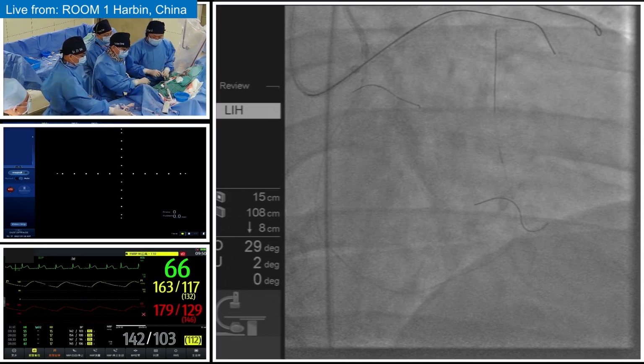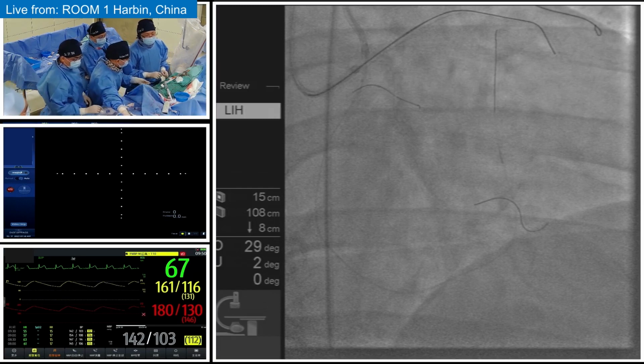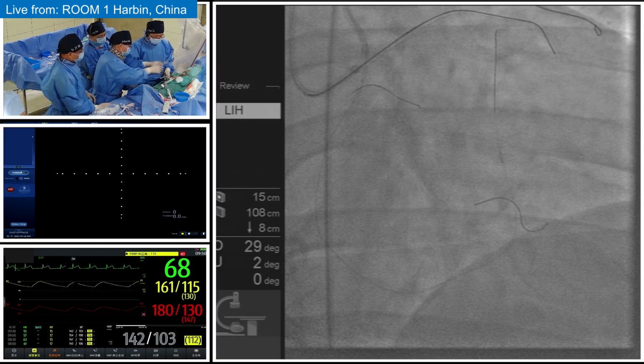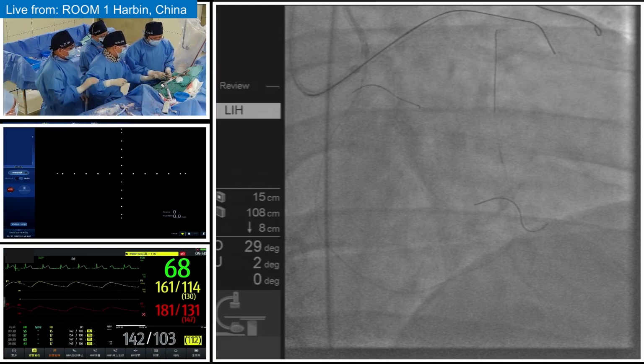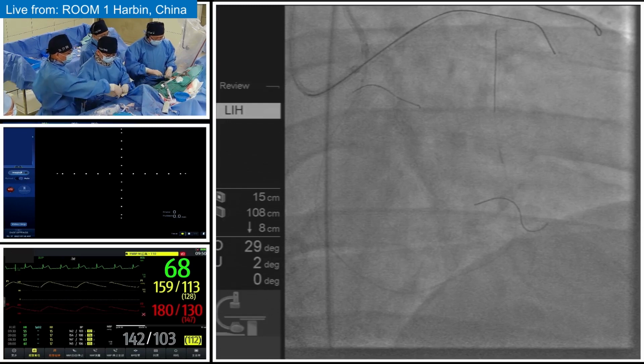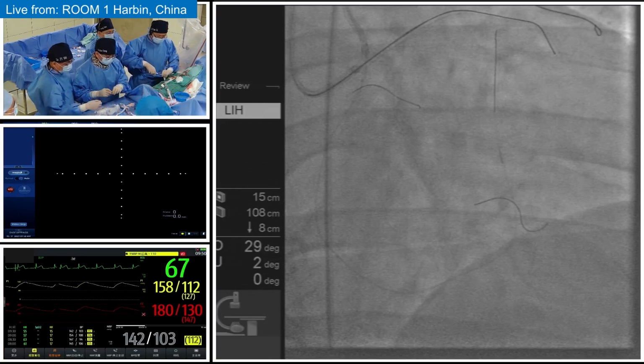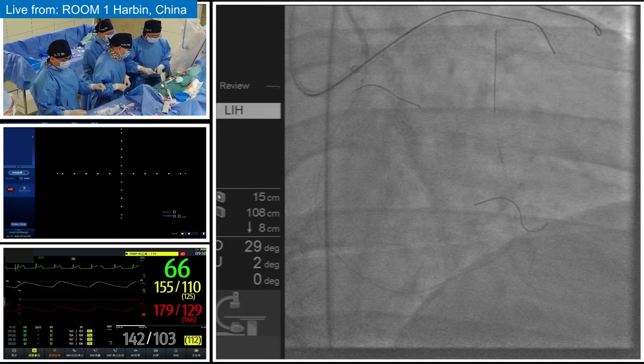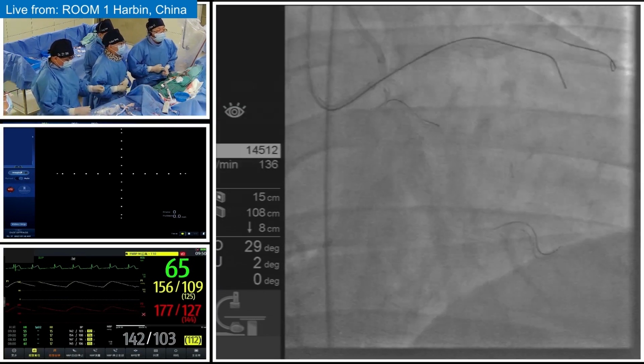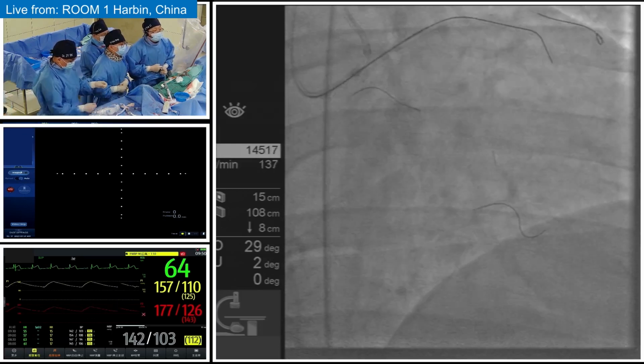Water, please. Because maybe there are some Doppler channels, but closer to the distal cap. Okay, we can see the blood flow back.